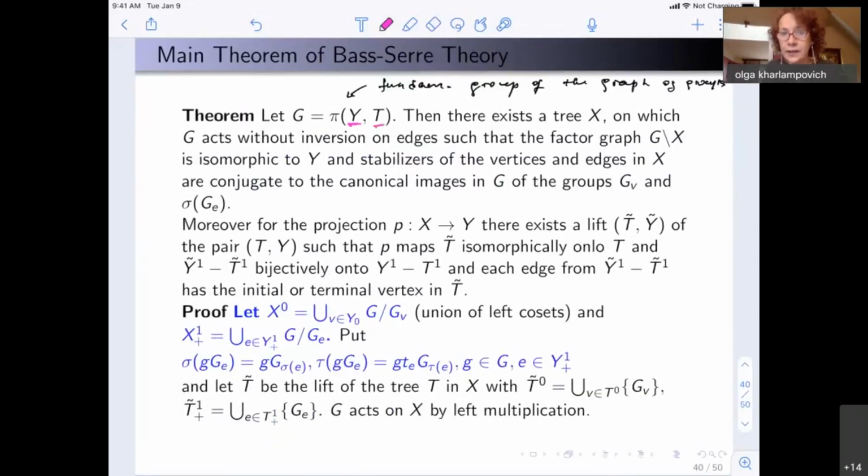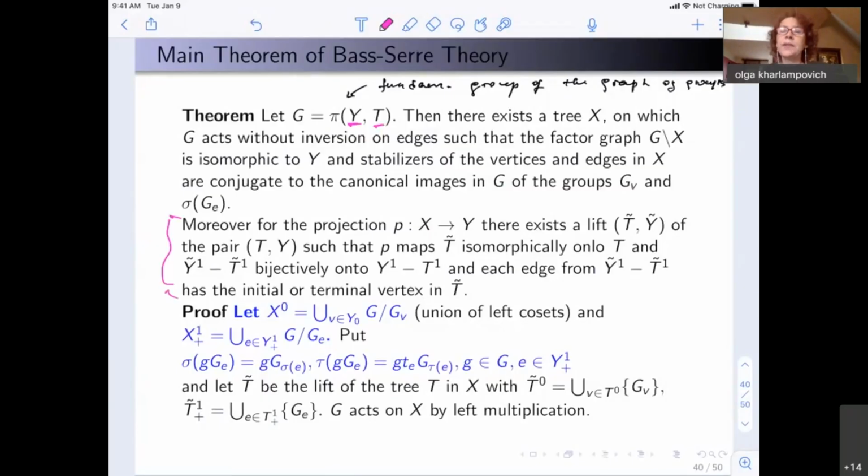Then there exists a tree on which this group acts without inversion on edges, such that the factor graph by this action, so the graph of orbits, is actually isomorphic to Y. And stabilizers of vertices and edges in X are conjugate to the canonical images in G of the vertex groups and edge groups.